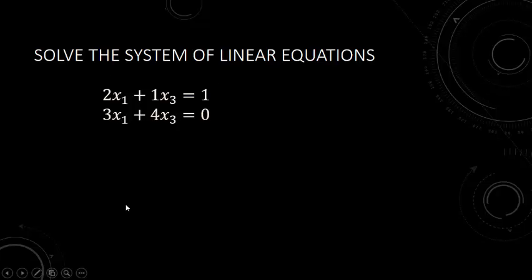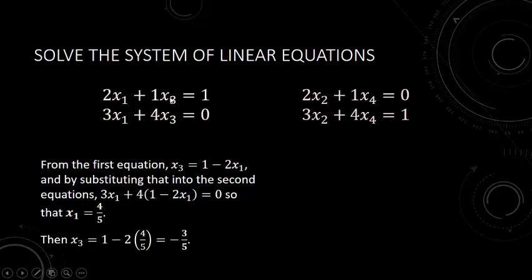So given the 2x2 system on the left, I'm going to solve for x3. So using the first equation, I have solved for x3, and it gives me this setup: 1 minus 2x1. By substituting that into the second equation, I now have a single equation with a single unknown x1, and I am able to solve for x1.